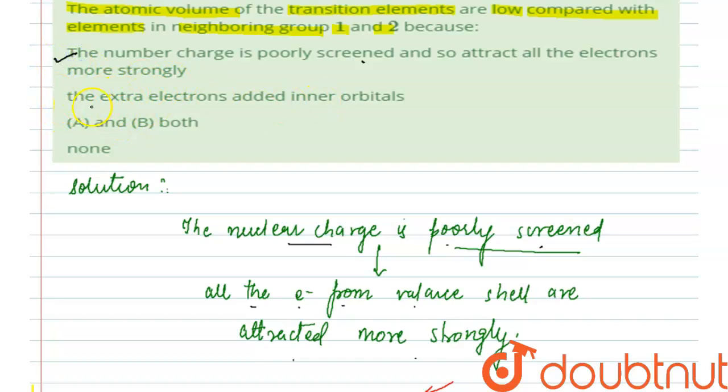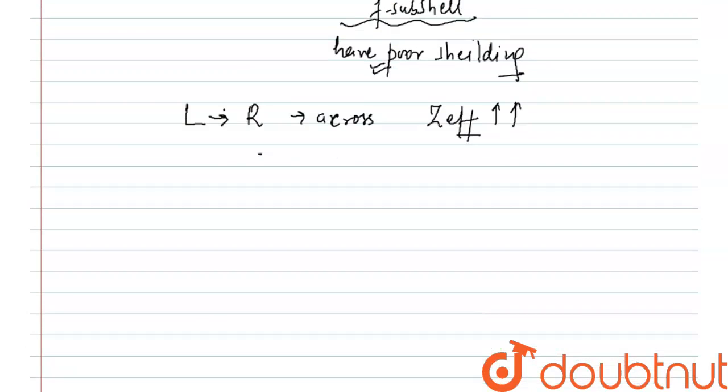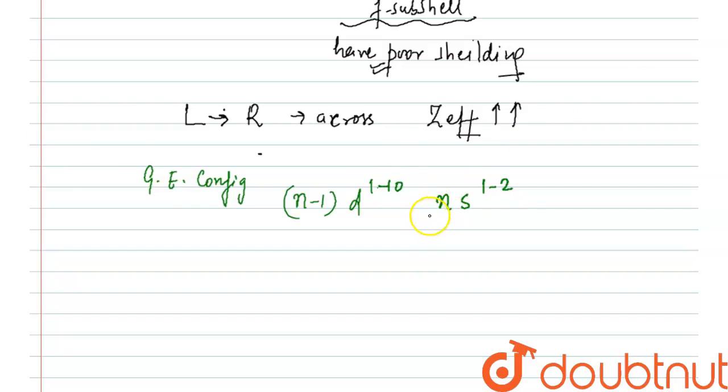Now the next one says that the extra number of electrons are added to inner orbitals. To understand this one, we have to write down the general electronic configuration of transition elements. It is (n-1)d from 1 to 10, and ns 1, 2. In d block elements, the d subshell fills after the s subshell.